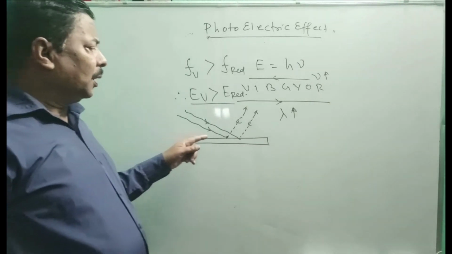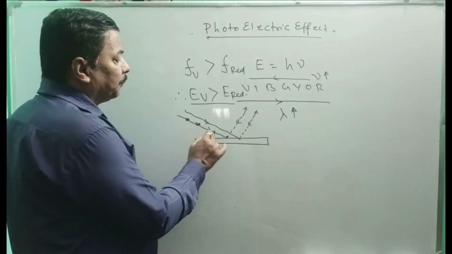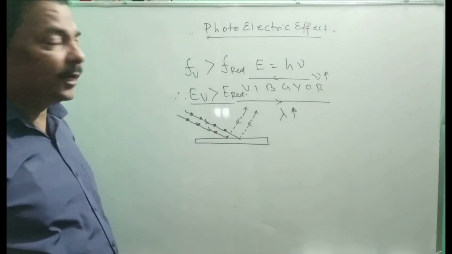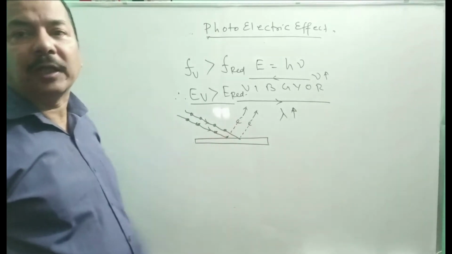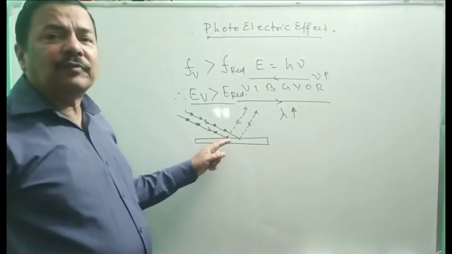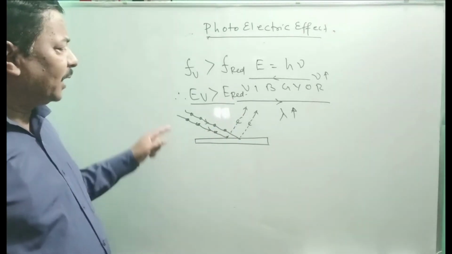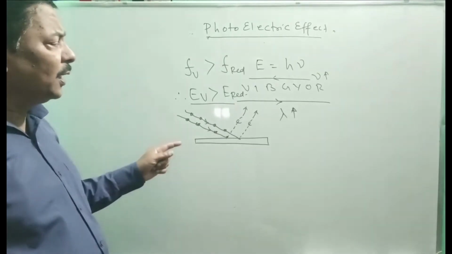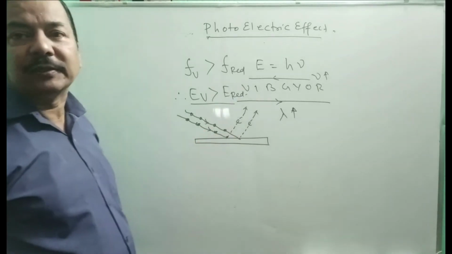Now, if the incident light that is falling, or the photon that is falling, does not have sufficient energy, then the phenomenon of photoelectric effect will not take place. Suppose 10 electron volt of energy is required to release this electron, and the energy of this photon is less than 10 electron volt, then naturally this energy will not be sufficient to release the electron from the metal surface.